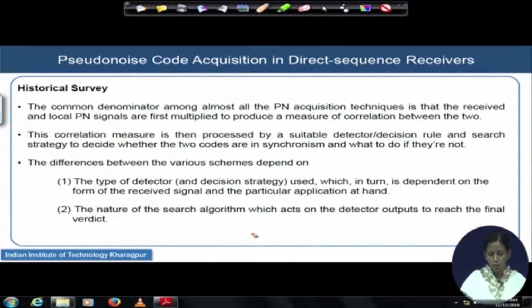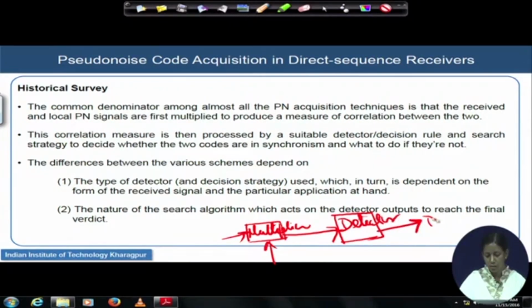This acquisition technique consists first of a multiplier, where you take two signals, one locally generated and another incoming. The multiplier is nothing but a correlation between the two. It is followed by a detector circuit, and the output of the detector is fed to a decision device or strategy device; detector and decision can be combined in some cases.